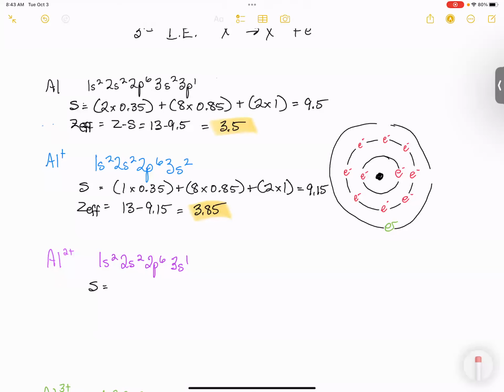We have 8 times 0.85 plus 2 times 1. Or in other words, it is now 8.8. So my Z effective is going to be 13 minus 8.8. So it's now 4.2.